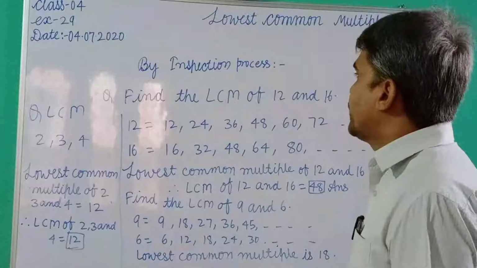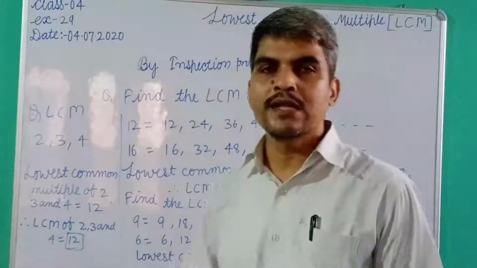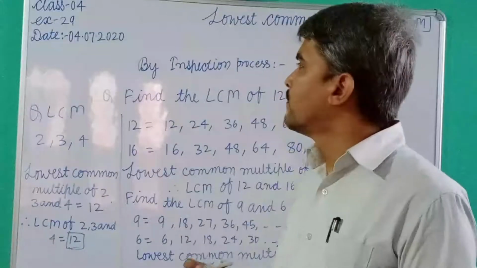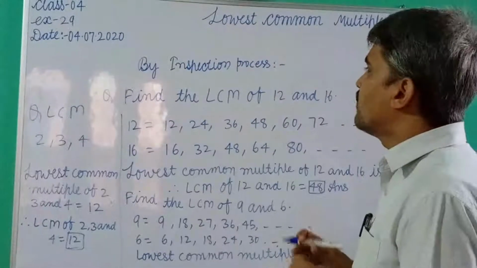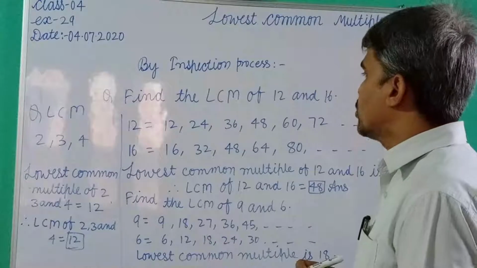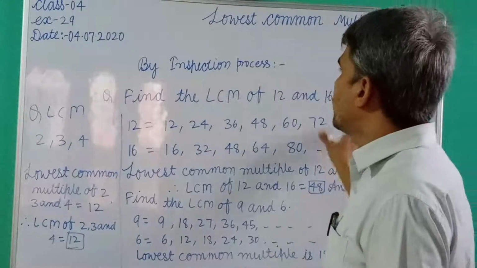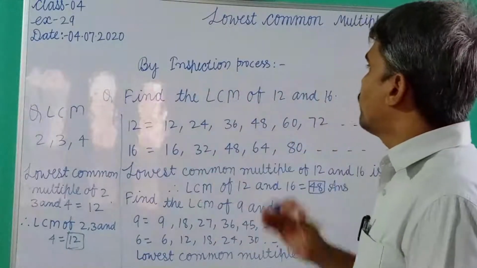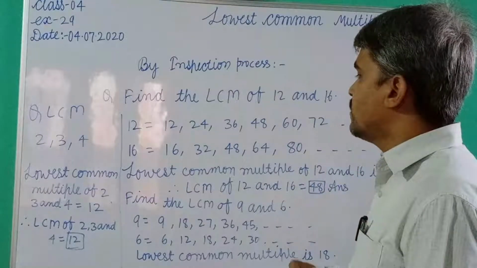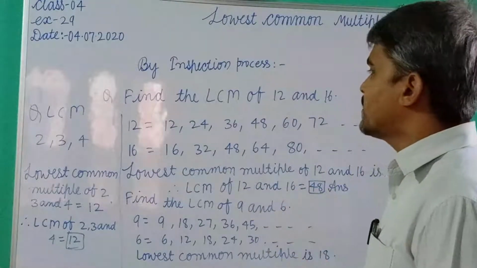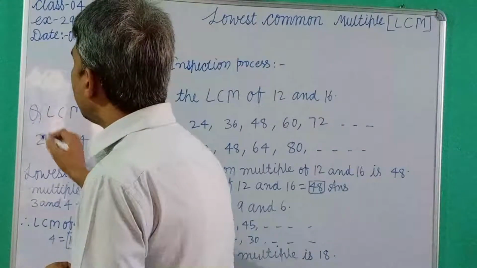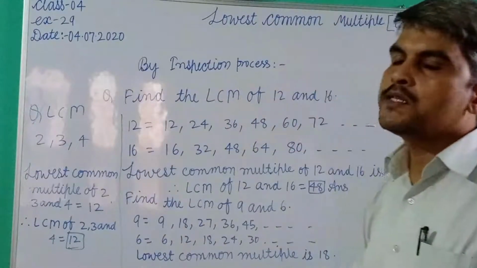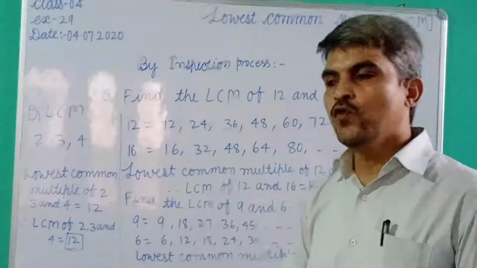But by the instruction process you find the LCM in the form of multiplication tables or multiples. So I hope that you understand. Find the LCM of 12 and 16 and the LCM of 9 and 6 by the instruction process, and orally find the LCM of 2, 3, 4.